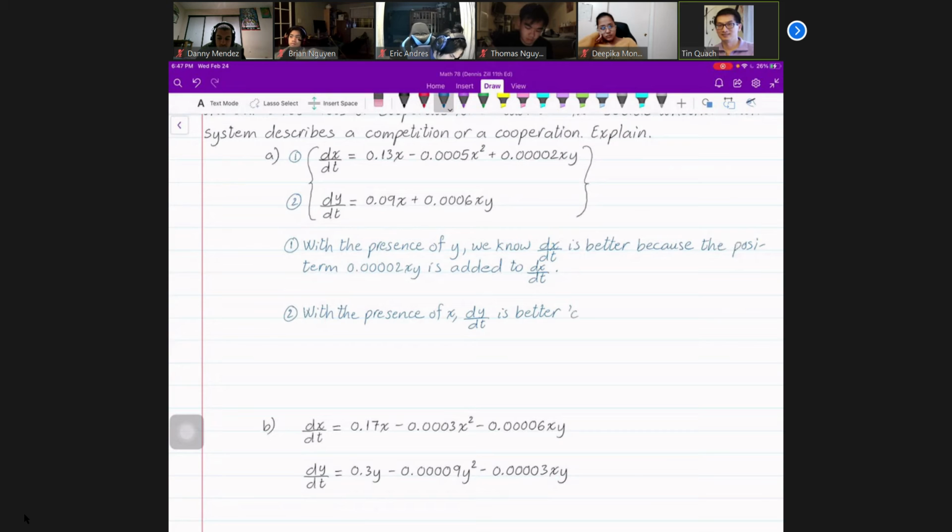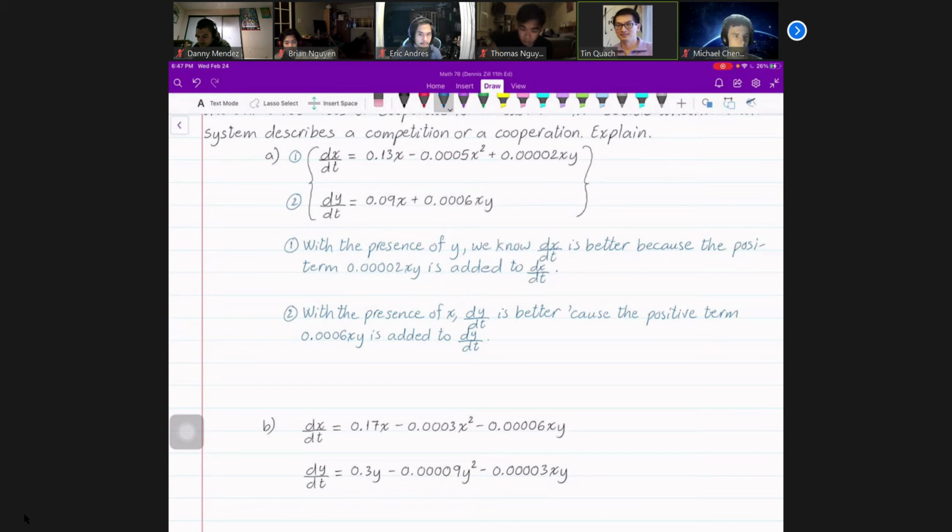Because the positive term, which is 0.0006xy, is added to dy/dt. So you notice it's added to dy/dt, that helps the rate of y to be higher, right? So higher rate yields more population, or higher population, you see?